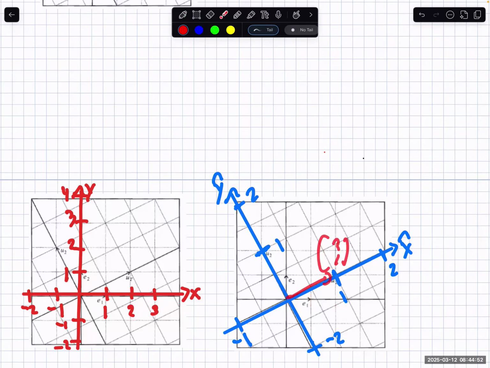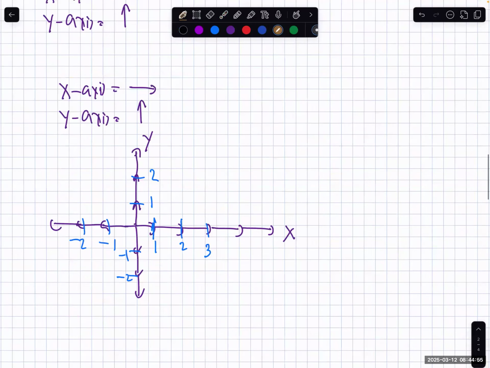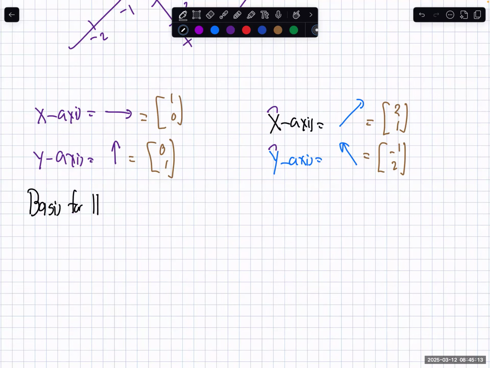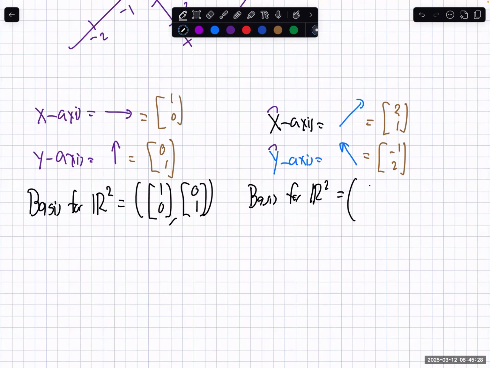So this vector is 2, 1. Okay, and notice that the x-axis vector and the y-axis vector form a basis for R2. So anything in R2 is a linear combination of these two vectors.